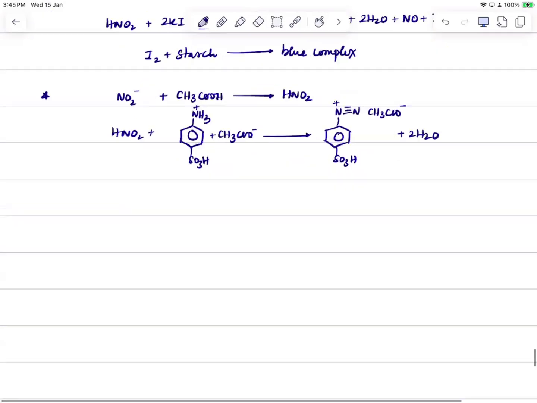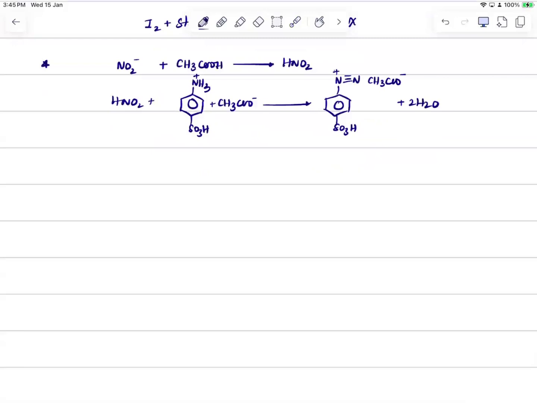Once you get this, this is a diazo compound, isn't it? So this diazo compound, if you treat with naphthylamine, right? Naphthylamine is this one, which is alpha naphthylamine, treated with this diazonium salt here, which is N2 plus SO3H plus CH3COO minus.